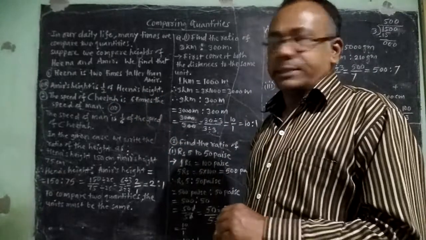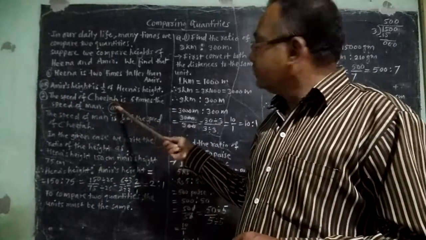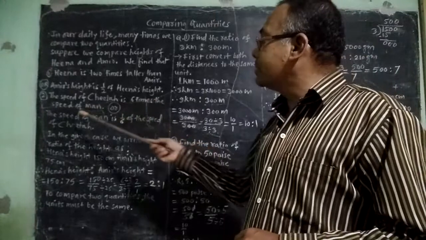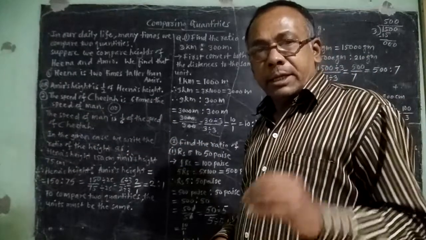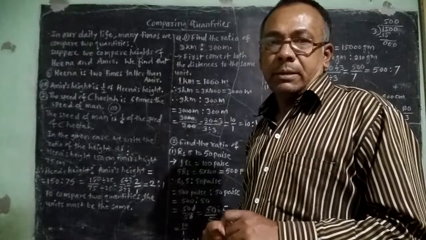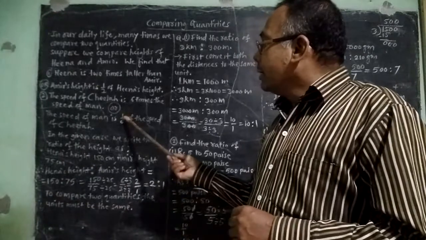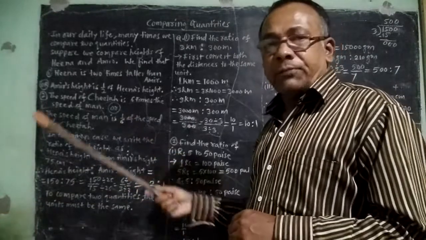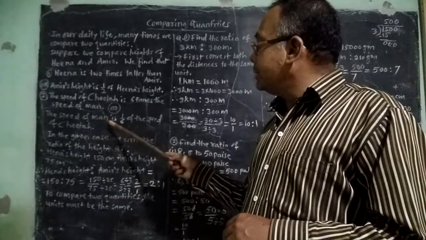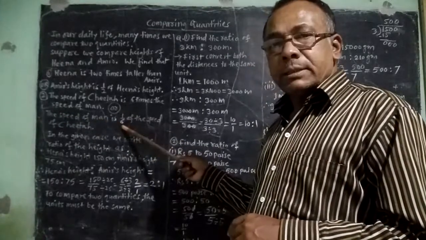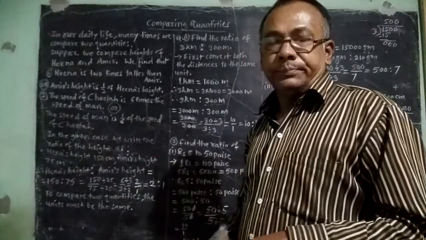We will see one more example here, that is the speed of cheetah is 6 times the speed of man. We know that cheetah is a very fast animal. Or we can say in another form that the speed of man is 1 upon 6 times the speed of cheetah.